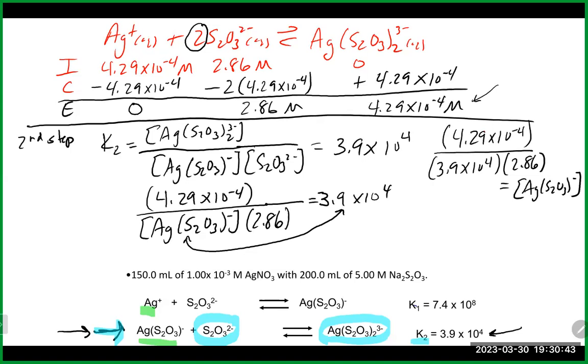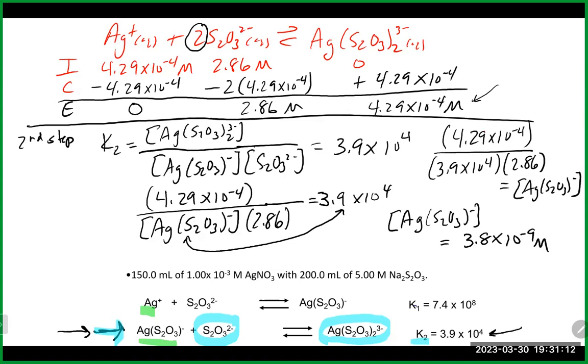So putting that into my calculator, 4.29 to the minus 4 divided by 3.9 to the 4 and divided by 2.86, going to give me a concentration for this guy of 3.8 times 10 to the minus 9 molar.